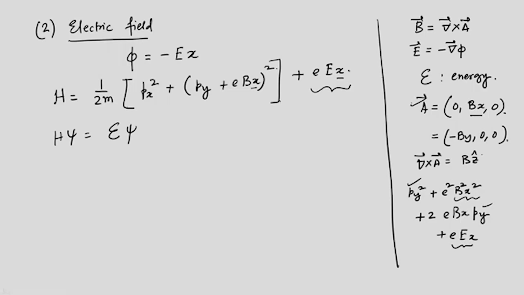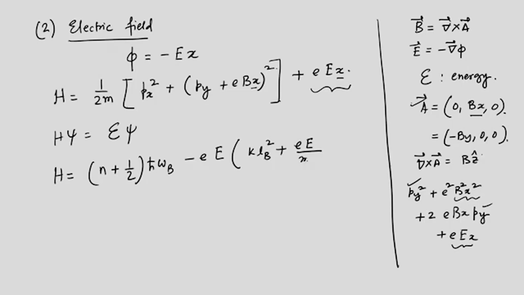So what we do is that we just complete the square and write this Hamiltonian, and once you do that, you are left with some things which are this. We'll take it as a little example, that this is equal to h cross omega B, and minus eE, this is the electric field, k l_B square, plus eE divided by m omega B square, plus half m E square by B square.